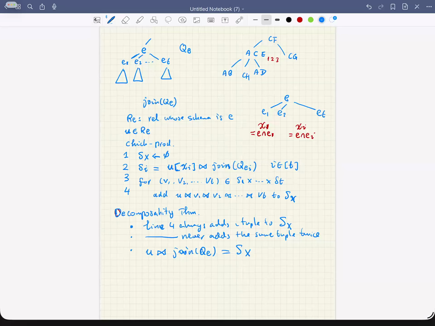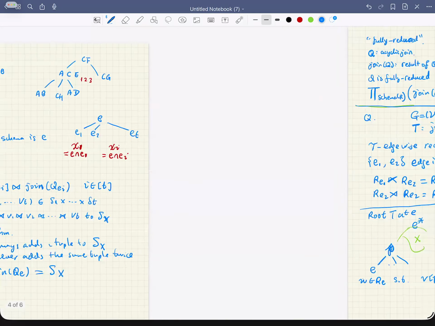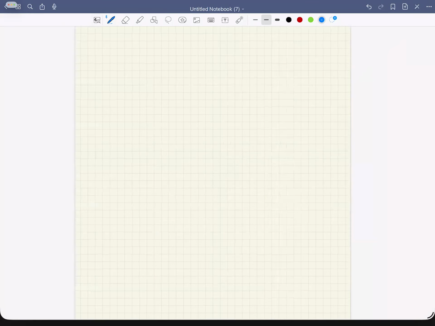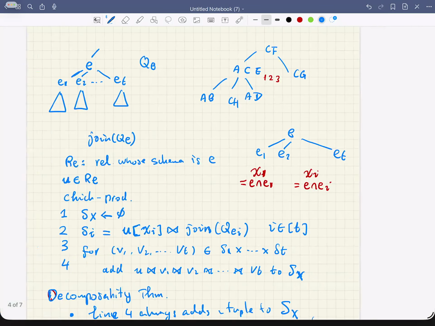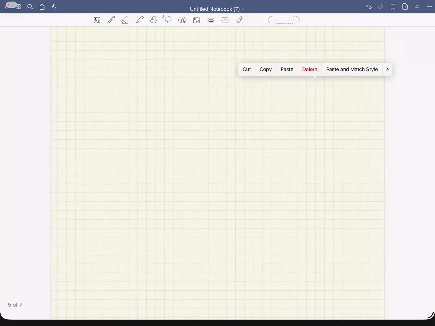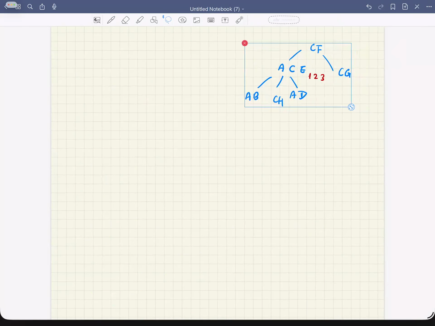Now let's utilize this theorem to compute the join. So let's again use this. Let's look at the algorithm in general first, and then I'm going to utilize this example to illustrate it.